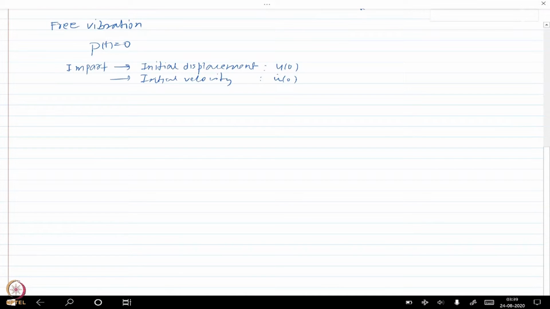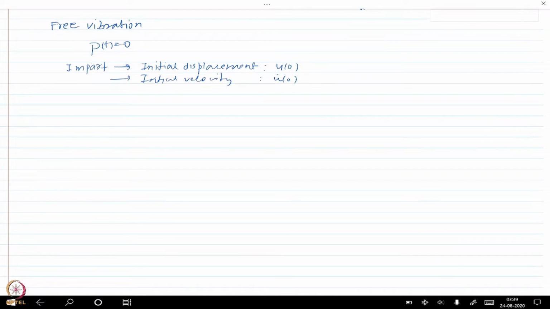You can see there are a lot of examples for this type of system. For example, if you take a pendulum and lift it, or provide an initial angular displacement of, let us say, theta naught, and let it vibrate, it would undergo free vibration. That is one example. There are other examples as well. For example, initial velocity would be something like taking a hammer and hitting an elastic system with that hammer.